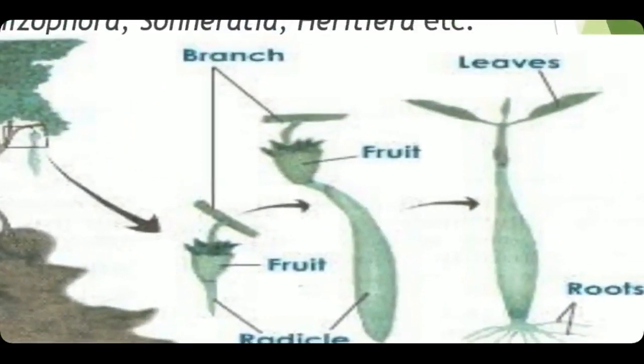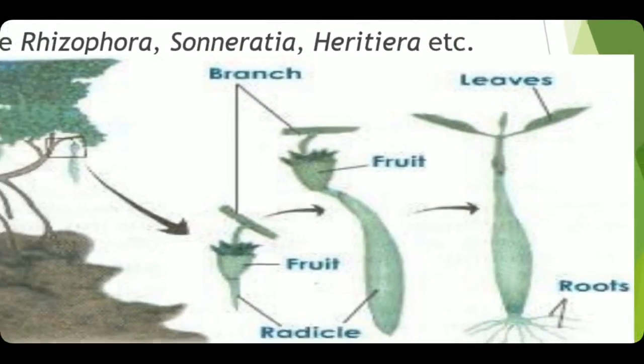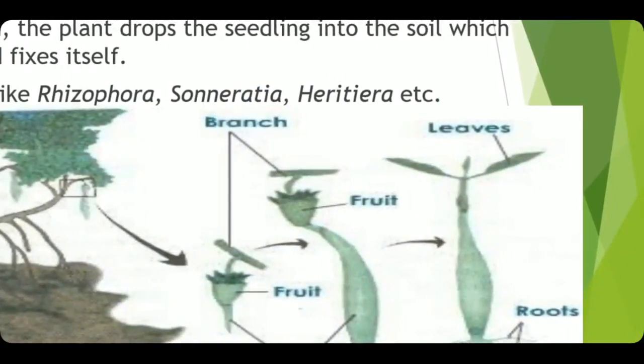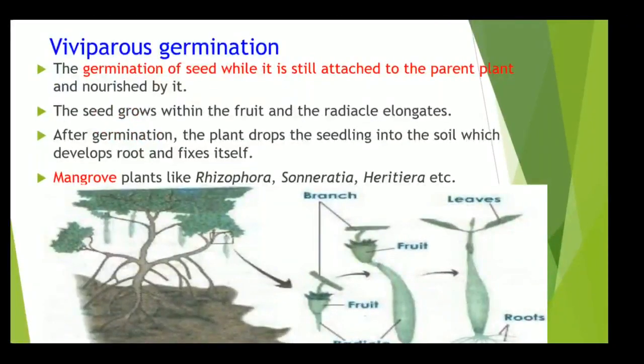After that, from the plumule, the tiny leaf starts growing. So this is an exclusive type of germination, called viviparous germination. It means germination of the seed while it is still attached to the parent plant and nourished by it.